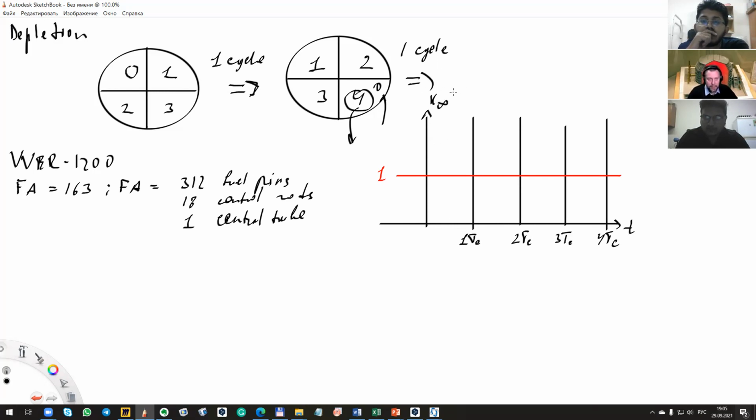K-infinity, I mean nu f sigma f over sigma a.